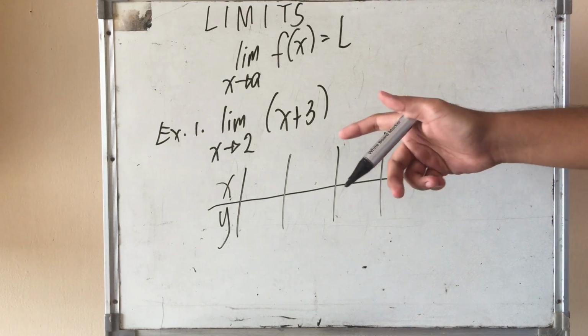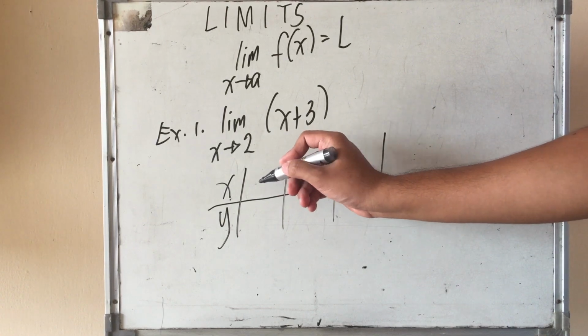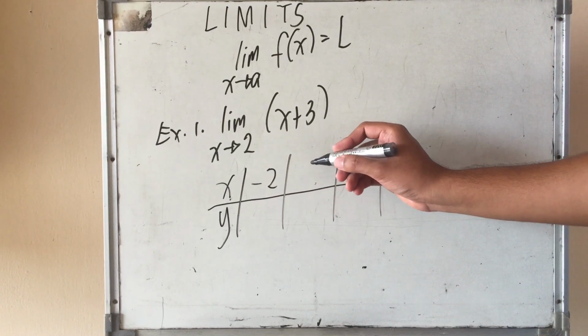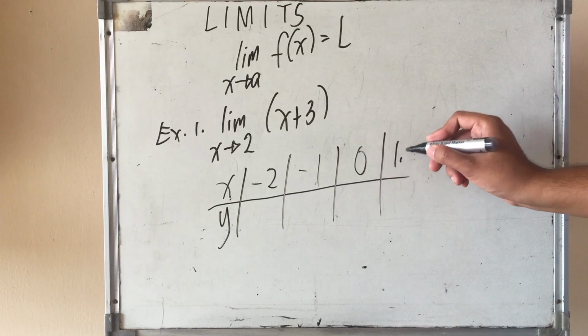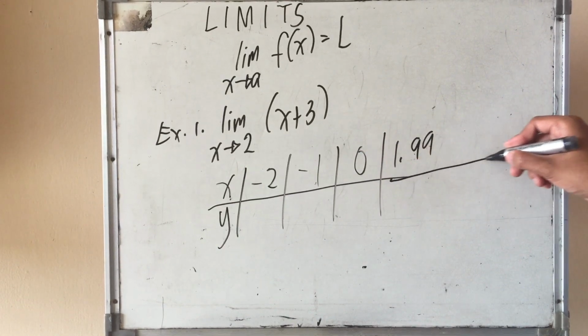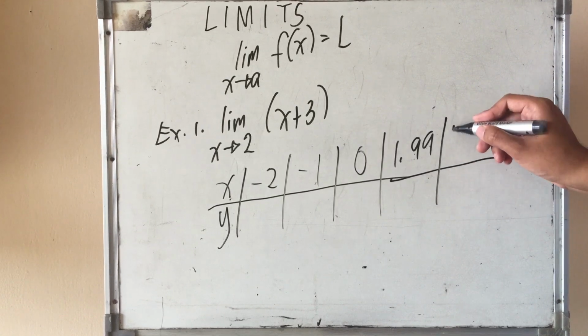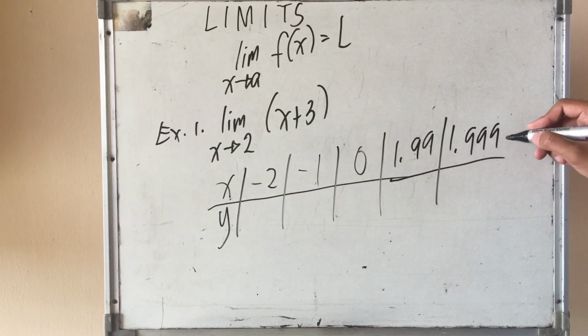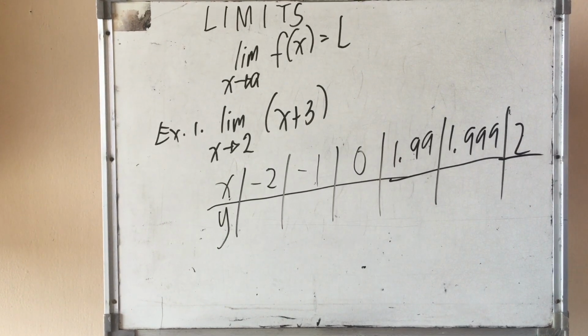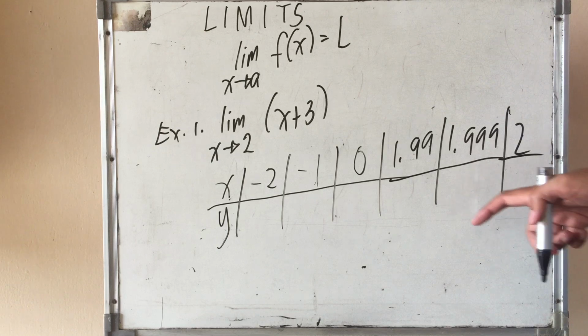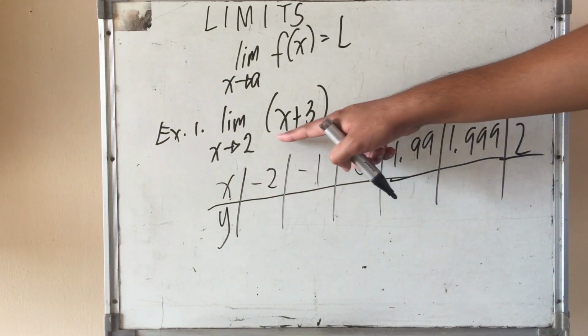Let's say negative 2, negative 1, 0, 1.99, 1.999 as x approaches 2. Then solve for the values of y. Just substitute the values of x in this equation.